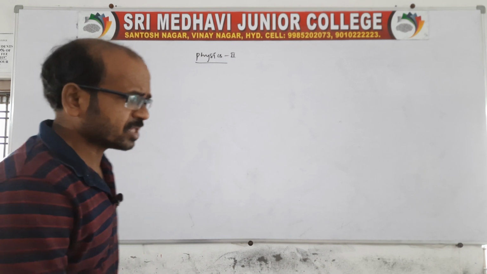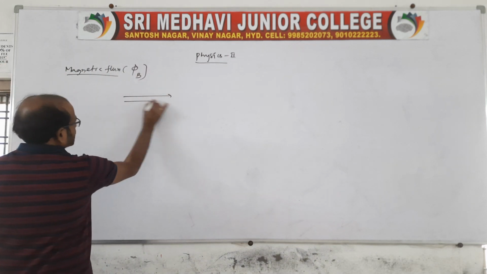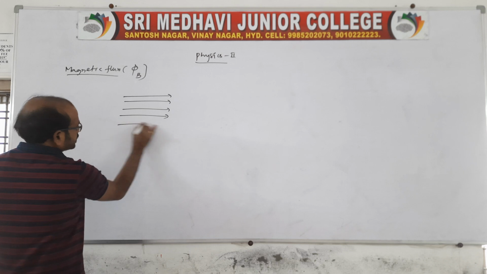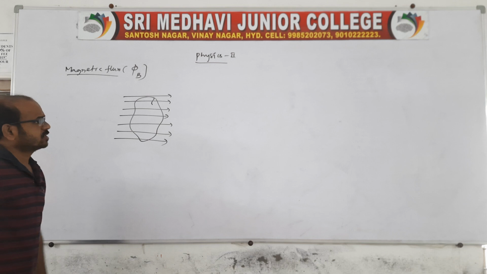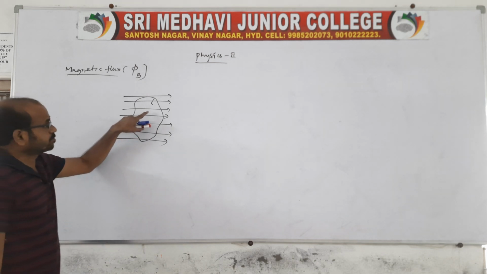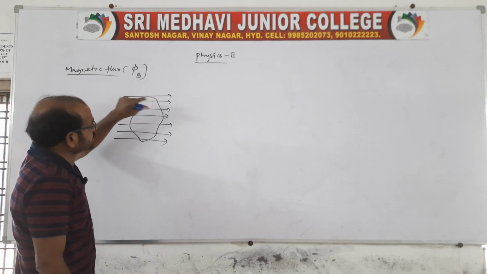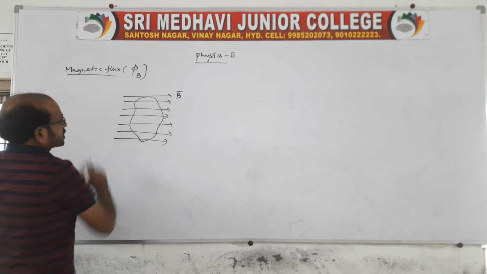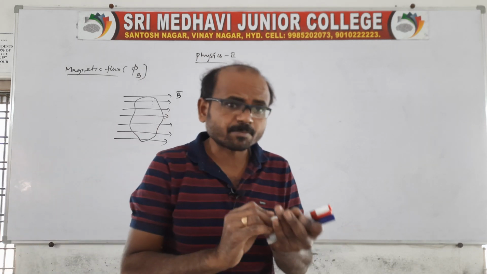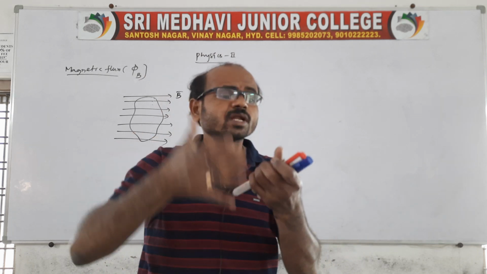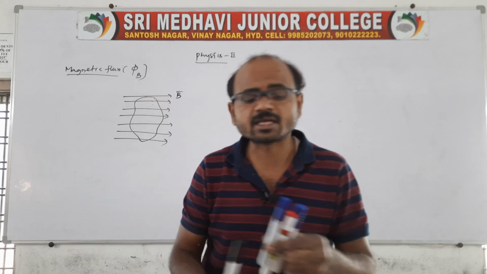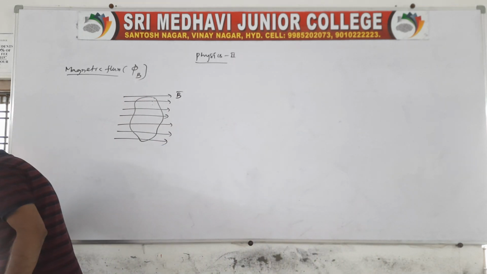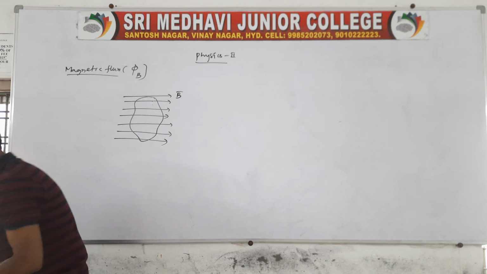There will be a number of field lines passing through an area. If an area is given like this, which is perpendicular, the number of field lines passing through it, like 1, 2, 3, 4, is what we call the magnetic flux.